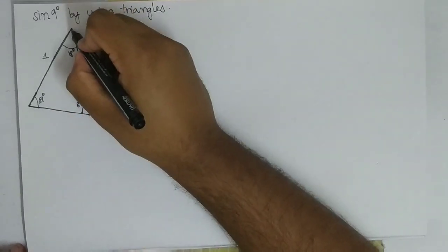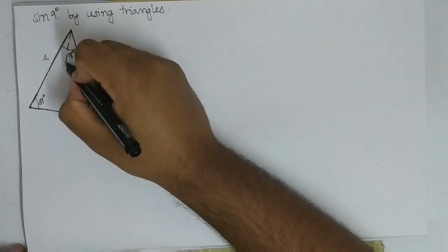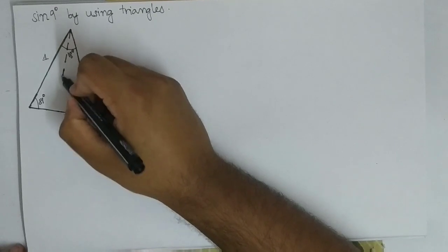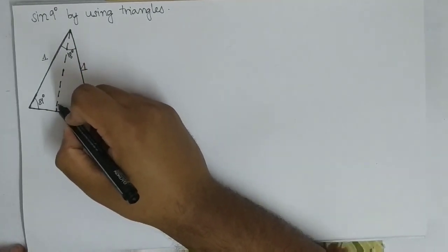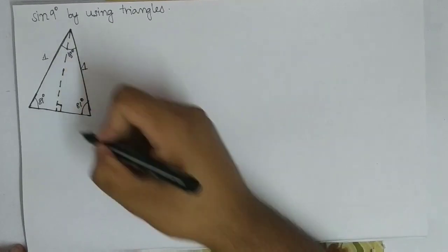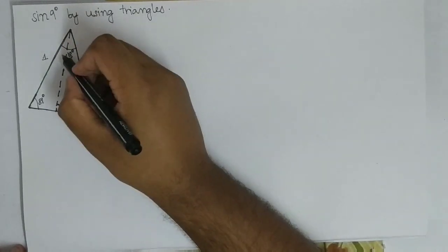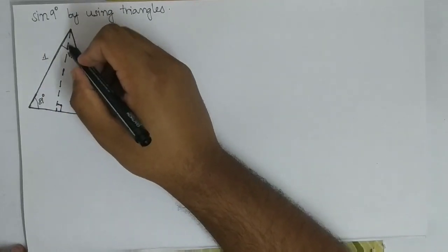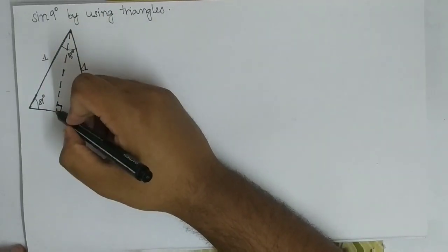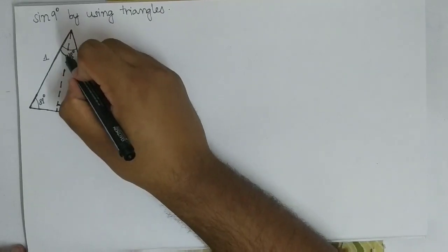Now let me draw a perpendicular bisector to the side opposite to the 18 degree angle, something like this. Then in that case, we know in an isosceles triangle the perpendicular bisector is also the angle bisector.